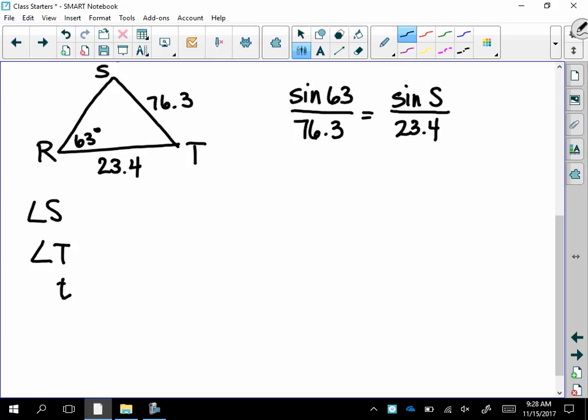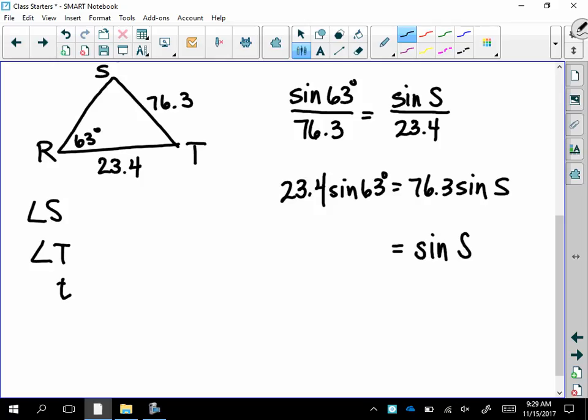So we cross multiply: 23.4 times the sine of 63 equals 76.3 times the sine of S. We do 23.4 times the sine of 63 degrees, then divide by 76.3, and what do you get for the sine of S? 0.273.